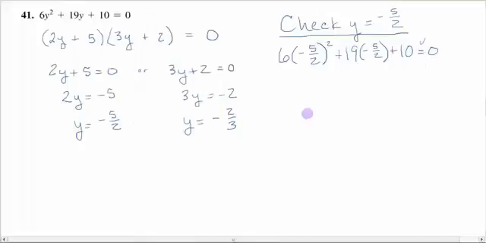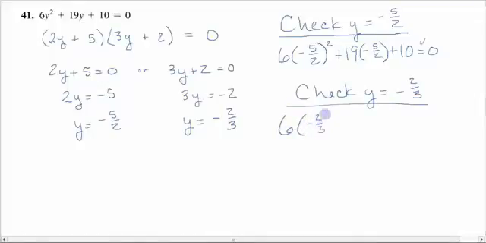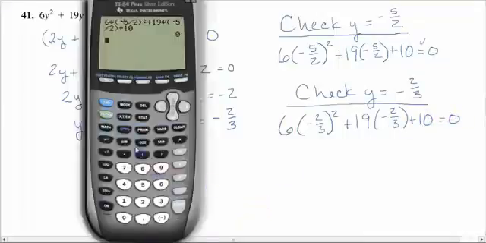Okay? And let's check y equals negative 2/3. Again, put it into the very original problem, 6 times negative 2/3 quantity squared plus 19 times negative 2/3 plus 10 equals 0. And we'll put that into the calculator.